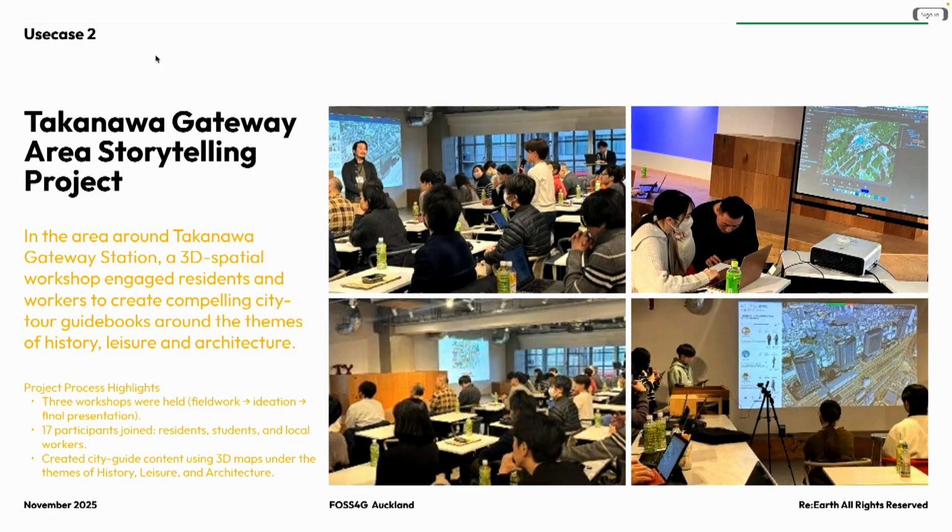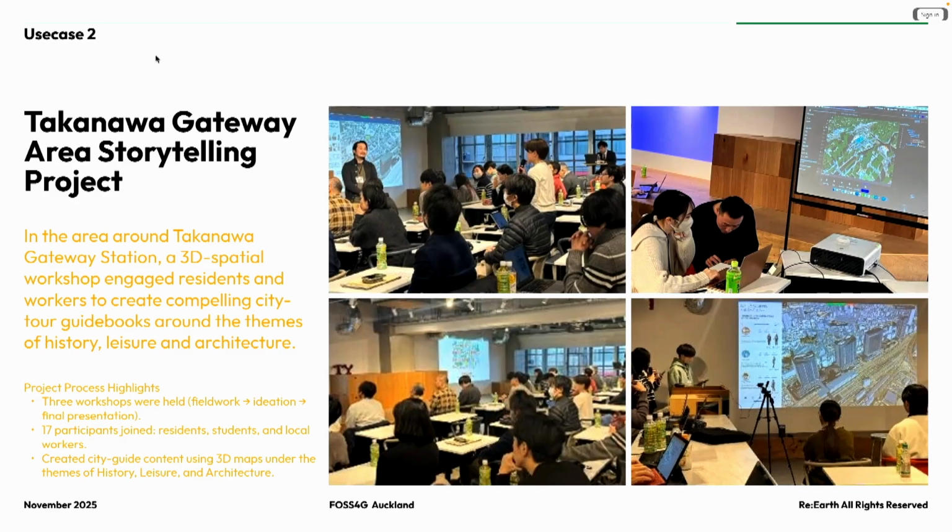So people got together, and they did field work and got some ideas, and then went to the location and used our visualizer to make a story to tell what they found.